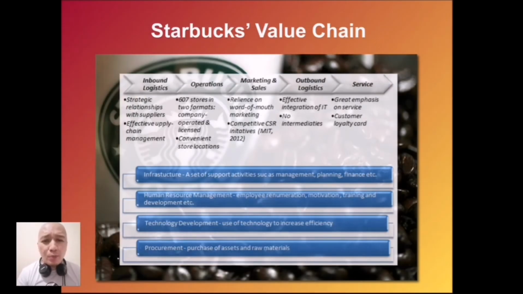Also, for their outbound logistics, no, they don't have intermediaries, meaning wala nang middleman, walang nasa gitna, ano? Which is good because when you put additional people in the process, it adds up to the cost, no? Kasi manghihingi pa ng cut yun, yung middleman mo. So the good thing is that they are in direct relationship with their suppliers.